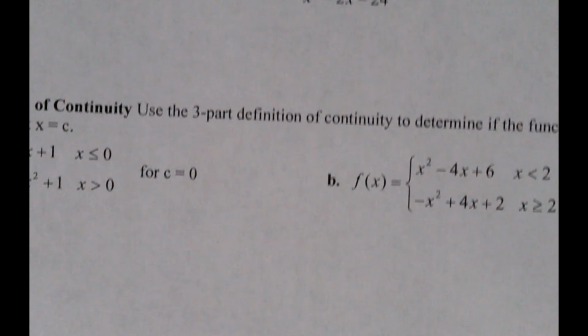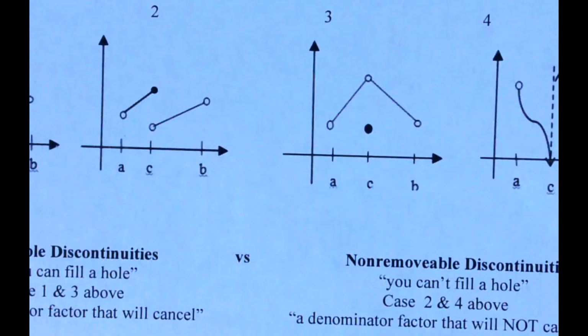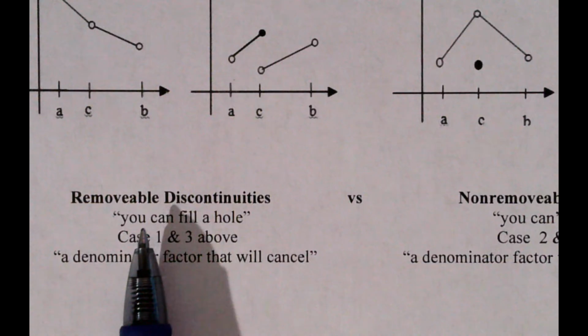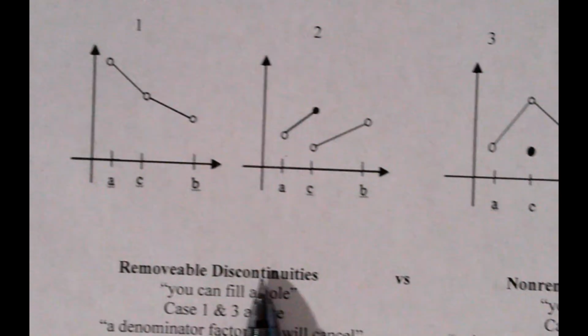That's page 53. We're going on to page 54. Now we're going to talk about what's called a removable discontinuity. So I do need to continue with page 53. What is a removable discontinuity versus a non-removable discontinuity? A removable discontinuity is like a hole here.